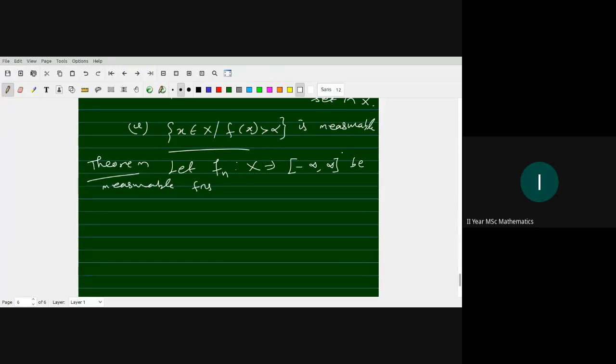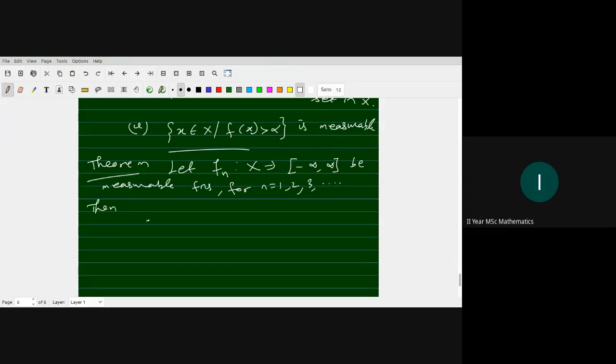So let f_n from X to [minus infinity, infinity] be measurable for n equal to 1, 2, 3 and so on. Then we are going to prove the following things.